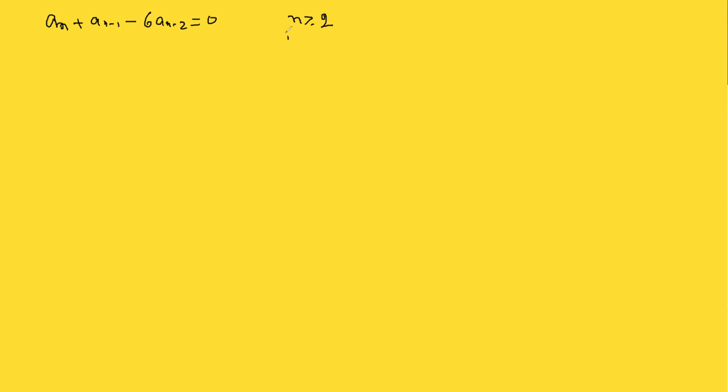Okay. A0 is equal to minus 1, A1 is equal to 8. Right? So first of all, take what? X raised to n on both sides.